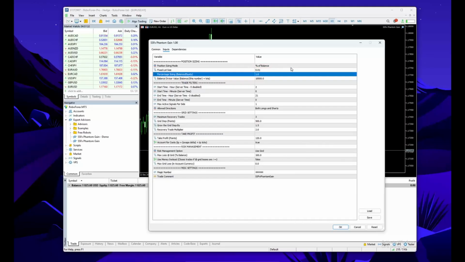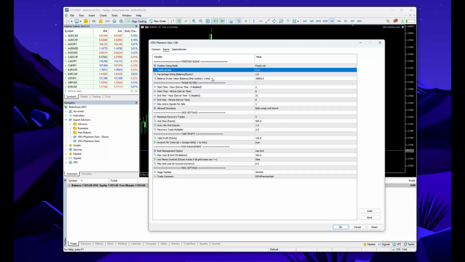Remember, regardless of what you change on this setting or these ones, that only affects the first trade that you take. So if you set fixed lots and your fixed lot size is 0.01, the first trade, the one where the bot gets the initial signal from the system, is the trade that will be affected by this lot size.